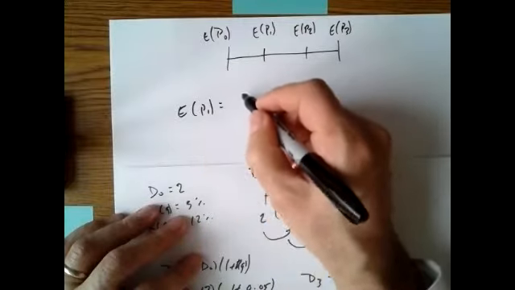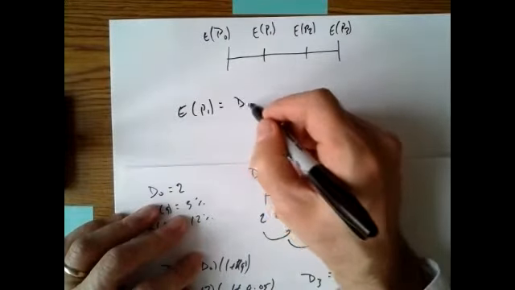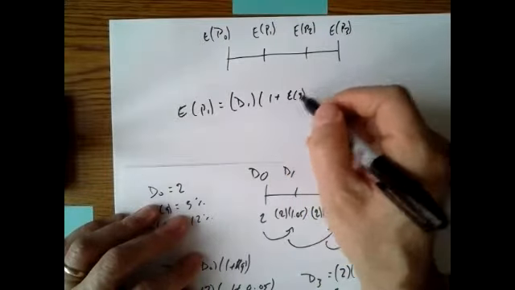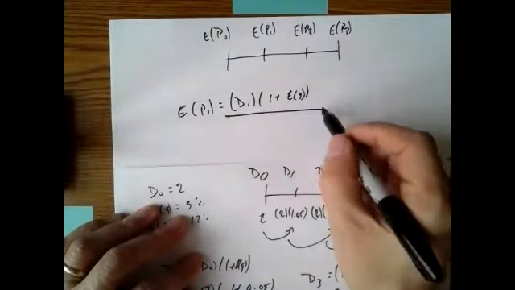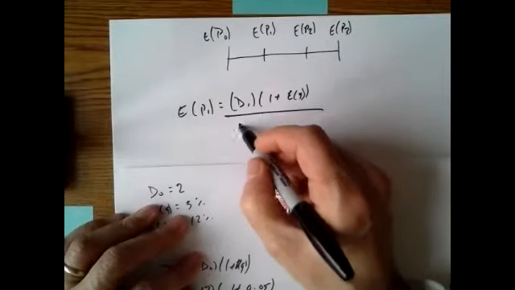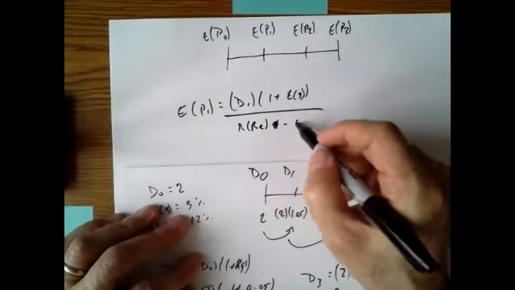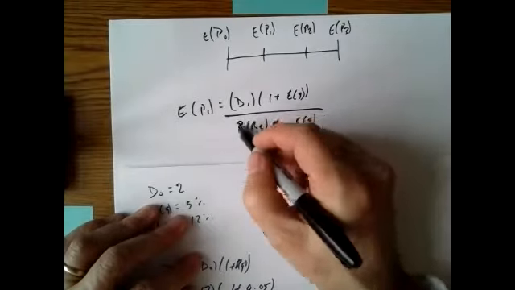EP1 is D1 times 1 plus the expected growth rate, divided by RE minus expected growth.